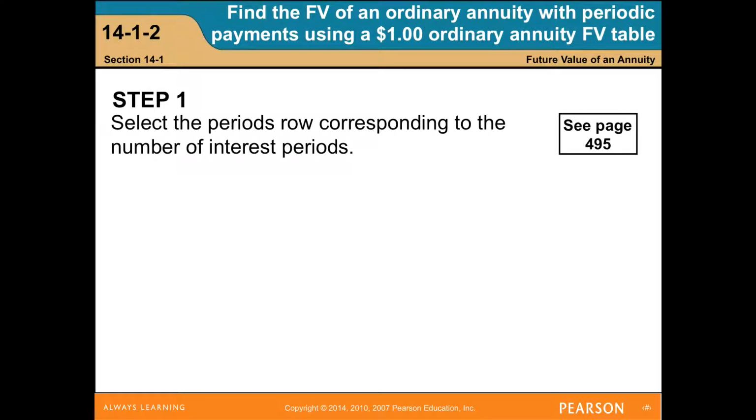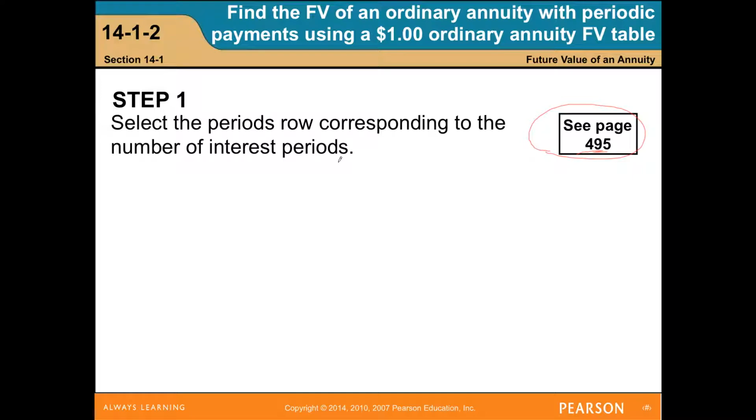Find the future value of an ordinary annuity with periodic payments using a $1 ordinary annuity future value table. Now, as I've said before in previous video lectures, if you do not refer to the $1 table on page 495, there's no way that you're gonna get this. So make sure that you're using your book and that you refer to page 495 so you can understand this section.